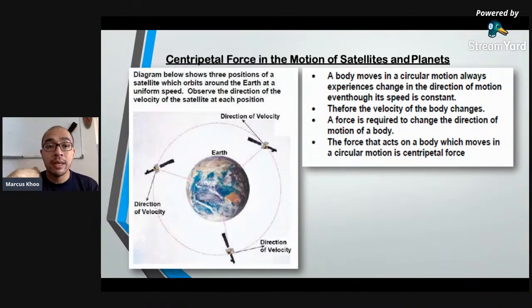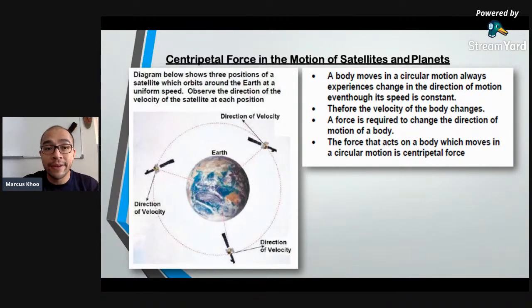Actually if you think about it, satellites and moons move around very naturally. There's nothing driving them. As in, there's no internal engine, there's no somebody driving the satellite so that it always stays in a circle. No, it is not.